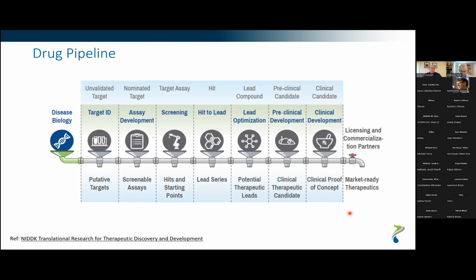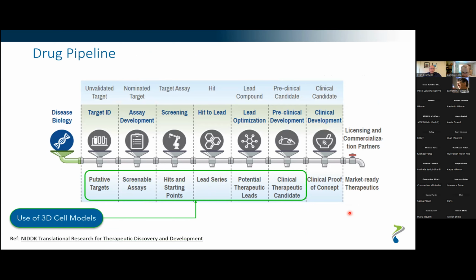My background, as I mentioned, is more in the drug discovery area, developing tools and instrumentation for helping with assay development, the screening, the lead optimization, but I've always been interested in the translation to clinic. In drug discovery, 3D cell models are being used throughout the whole process, not as intensely as you'd like, but we've really seen an uptick in use, especially in screening and hit to lead.